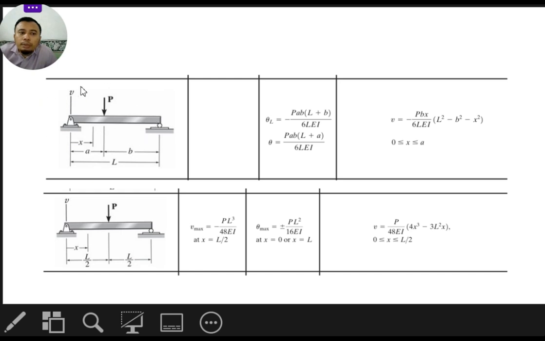For the first primary structure, we use this setup of load and support, where there is a variation of A and B, which define the position of your load. So in this example, as you can see, X needs to be within A. So it's a bit tricky here.